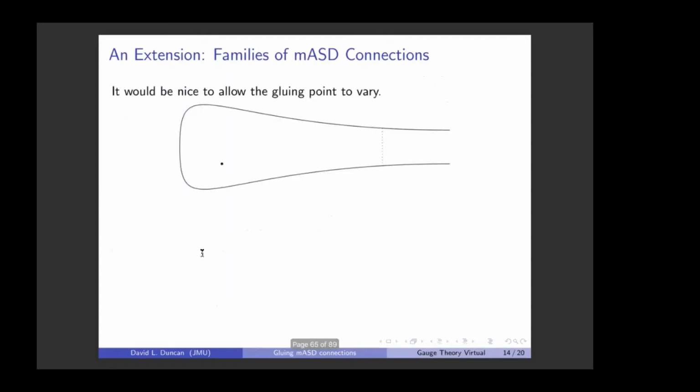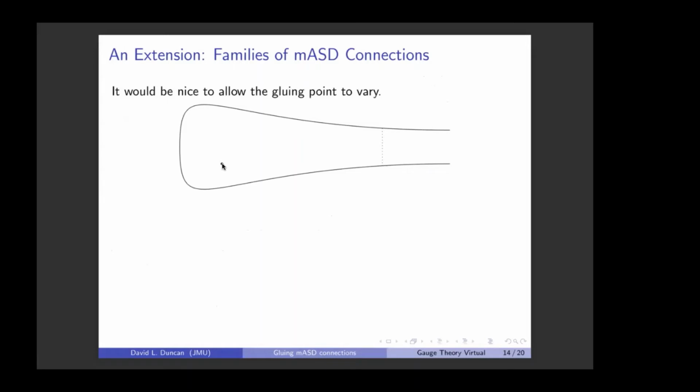So the next thing I want to talk about is extending this whole conversation to families. That's the type of thing you do with ASD connections, and can you do this in the mASD world? This is where I think things get a little more interesting, both from a geometric setting and from an analytic perspective. On a previous slide, I talked about gluing.